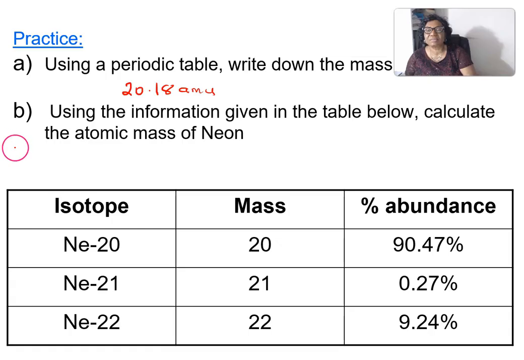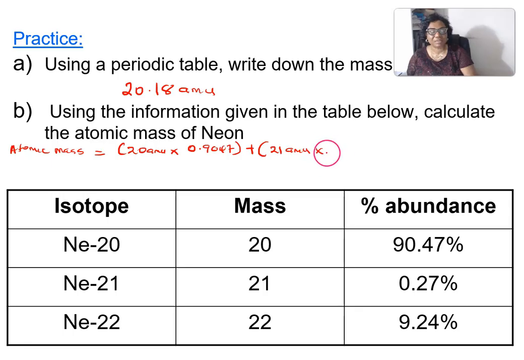So atomic mass is equals to 20 times the percent of this, which is 0.9047, plus 21 atomic mass unit times, take note that it is 0.27 divided by 100.